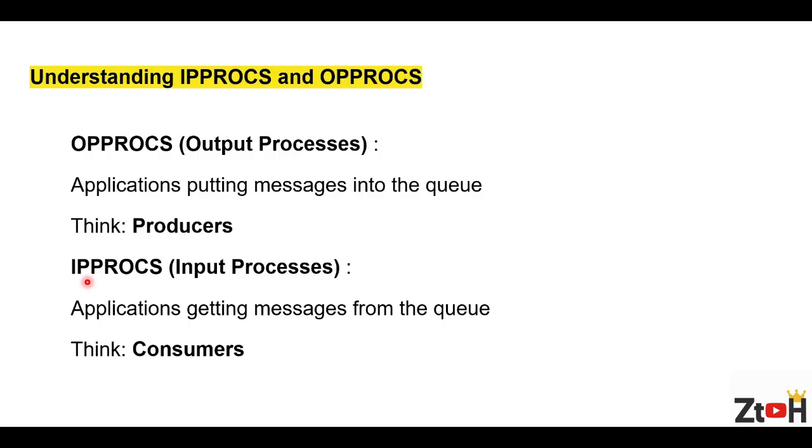IPPROCS means input processes, which means applications getting messages from the queue. Think of a consumer. The producer puts the message inside the queue, and now the consumer consumes the message, which means getting the message out of the current queue.